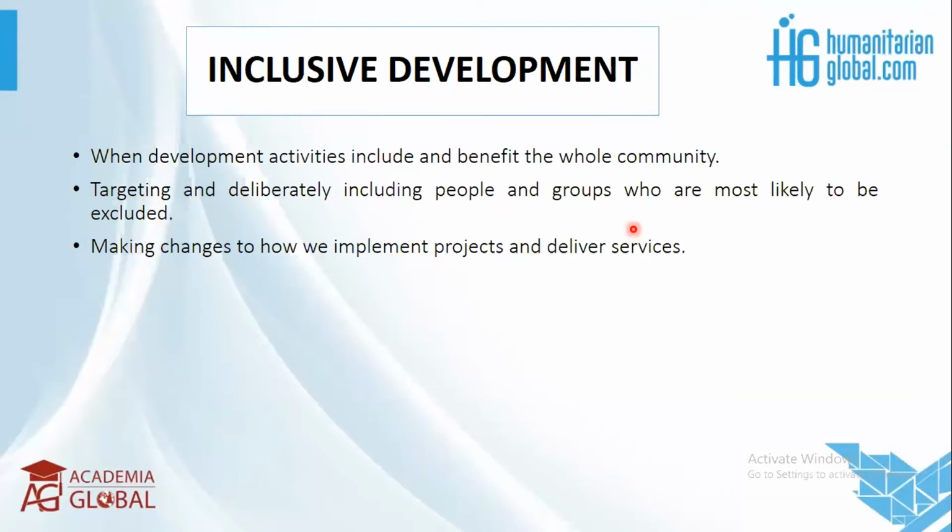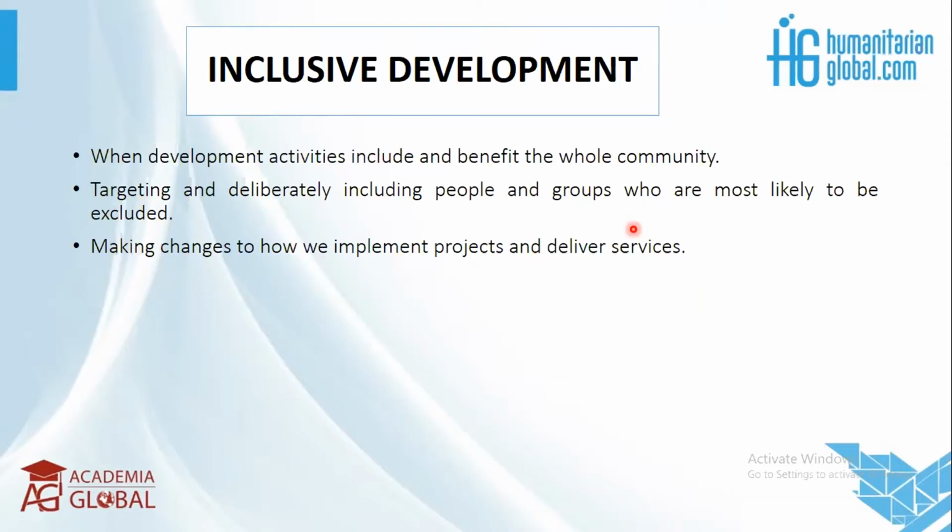So targeting and deliberately including people and groups who are most likely to be excluded is what we talk about in terms of inclusive development. You have to target and be deliberate in your programming, and ensure that you are including all people, all groups who you think are likely to be excluded.